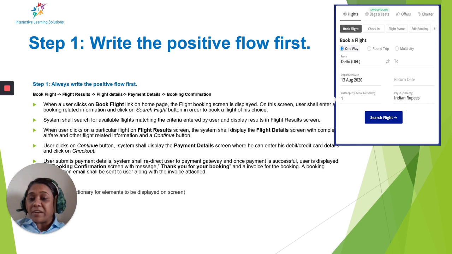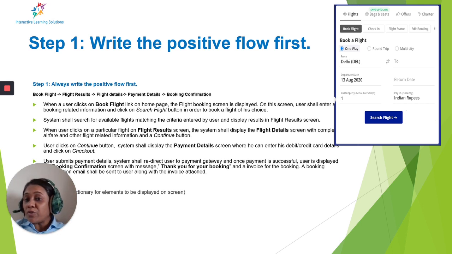So I start off writing by first indicating how this screen will be triggered. So I say when a user clicks on book a flight on home page, the flight booking screen is displayed. On the screen, user shall enter all booking related information and click on search flight in order to book a flight of his choice.